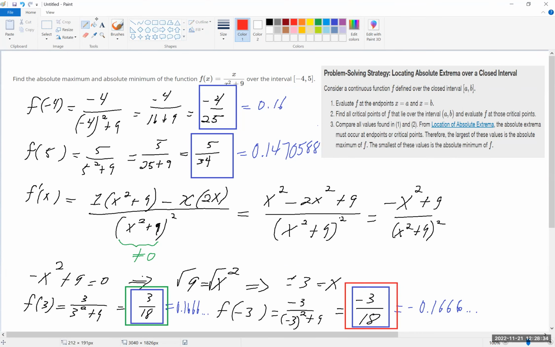And just to be clear here, that's negative, but still those are the highest and the lowest, and they occur at critical values for which f prime is 0.